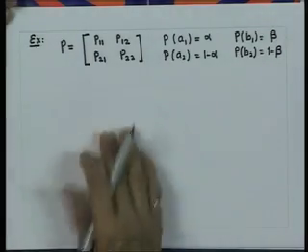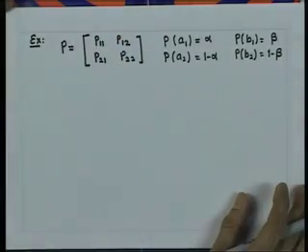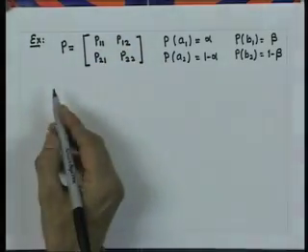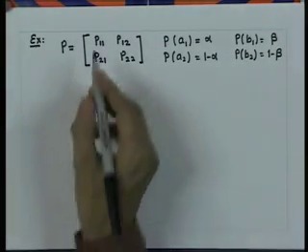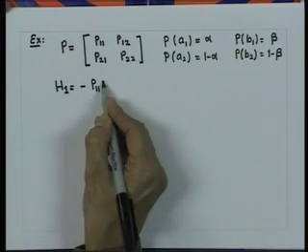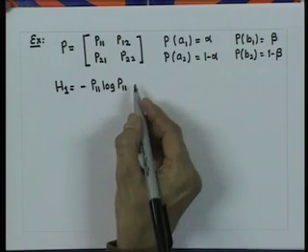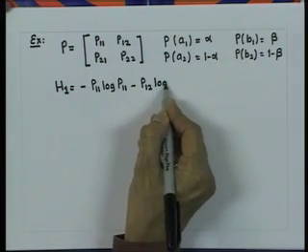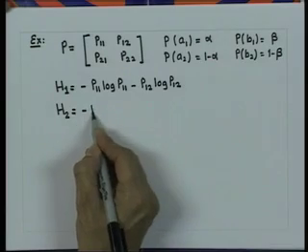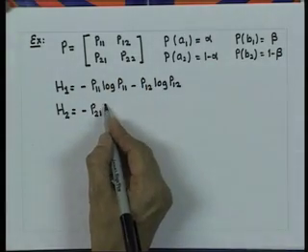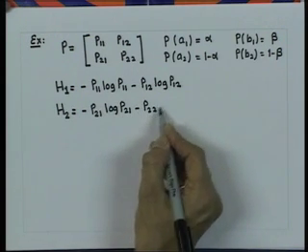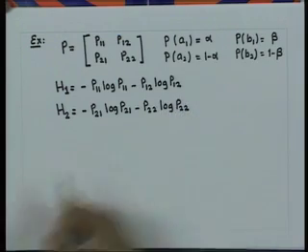For calculation of capacity for such a general binary channel, we will need to calculate H(B). So, H(B) can be calculated if we define H1 as -p11 log p11 - p12 log p12, and H2 defined as the entropy of this row, which is -p21 log p21 - p22 log p22.